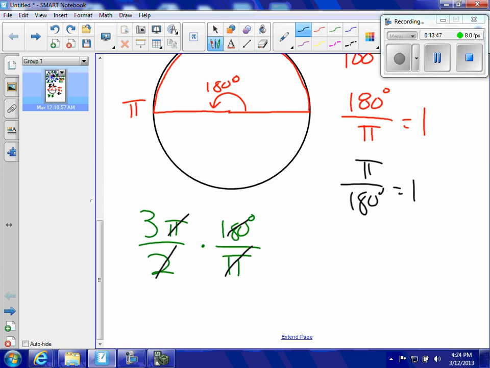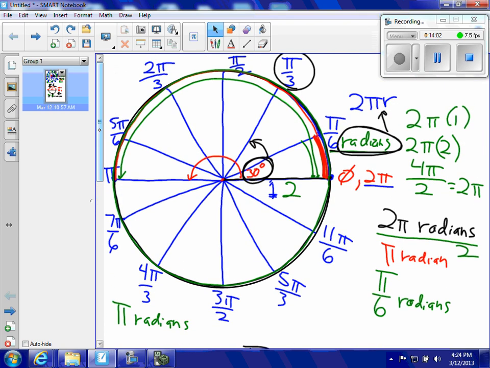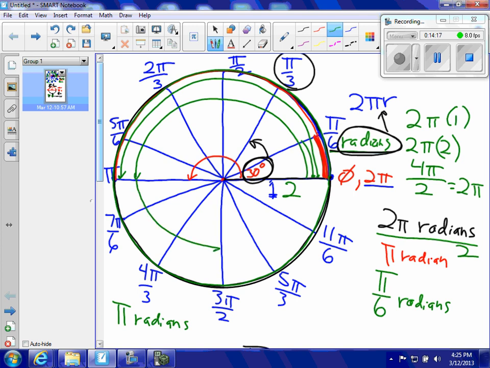My 2 goes into 180 90 times. So I have 3 times 90 degrees. That's 270 degrees. Let's go back to our unit circle. From this point here to that point there is 180 degrees. And if I go another 90 degrees, 180 plus 90 is 270 degrees. 3 pi over 2, 270 degrees.